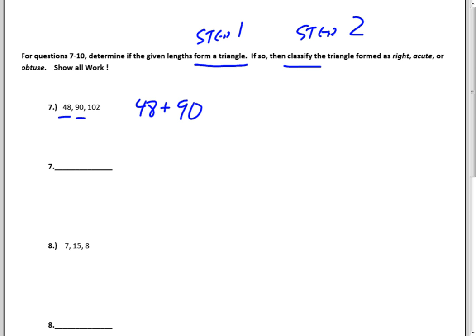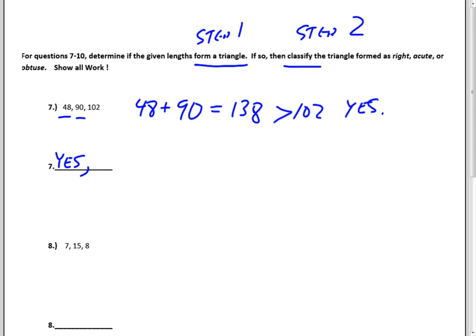Did everybody do this? You should have started with that. Add the 2 smallest. Make sure it's bigger than 102. That means it's a triangle. So I would have written down yes over here. Some of you didn't write that down. I didn't mark off for it. But you should write down, is it a triangle? Yes or no.